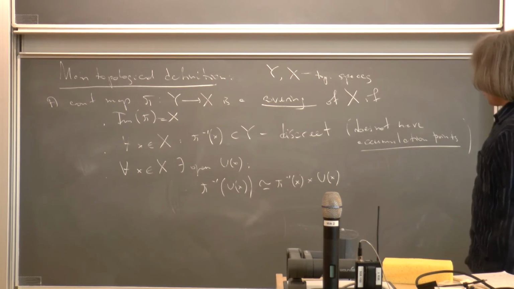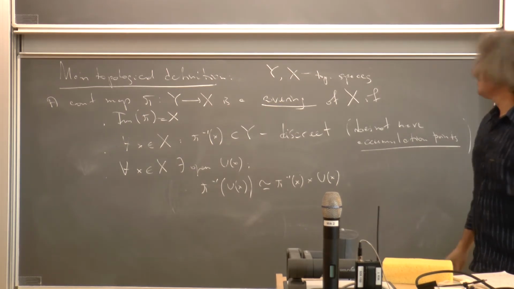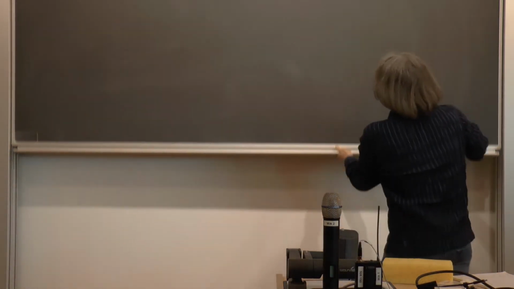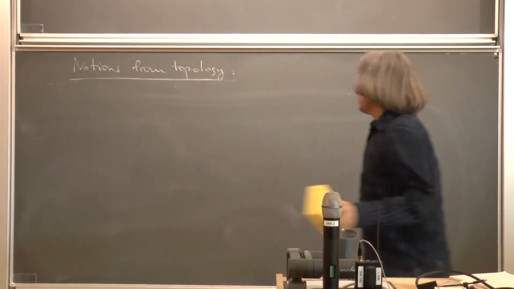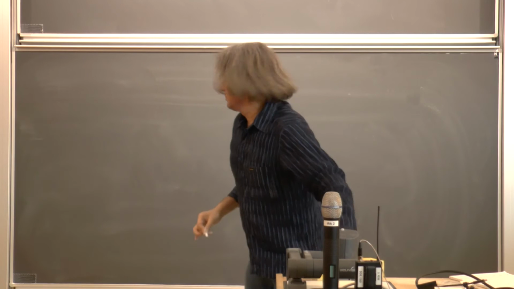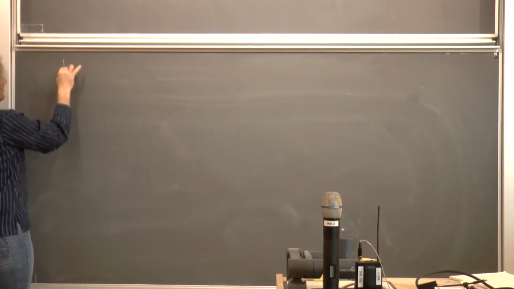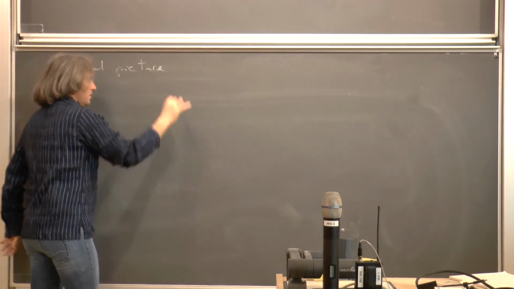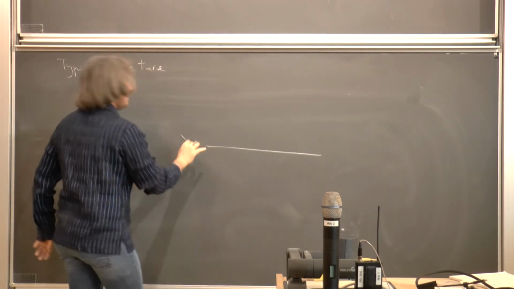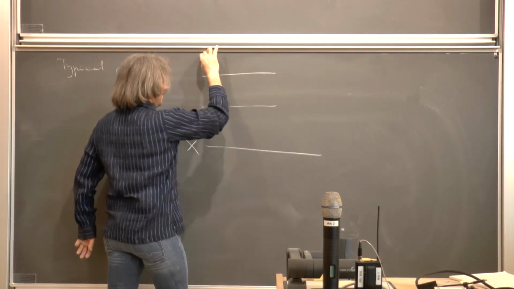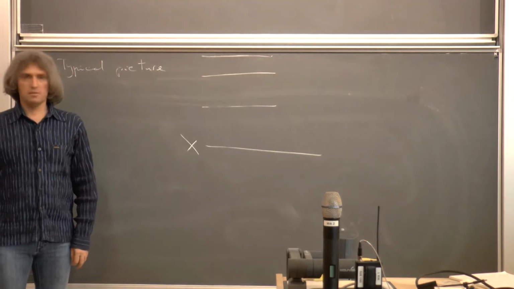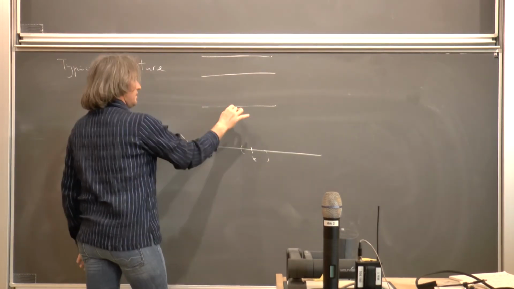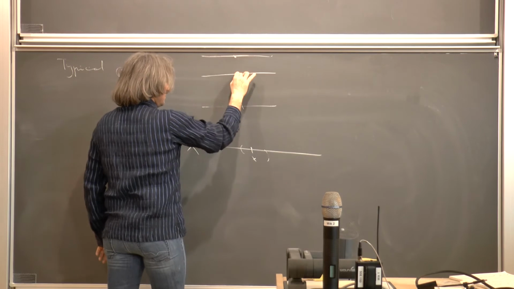I'll draw what people usually draw in this situation. A typical picture: you have your X here, and Y is just a few copies of X above it. So every point has a neighborhood such that its preimage is discrete.